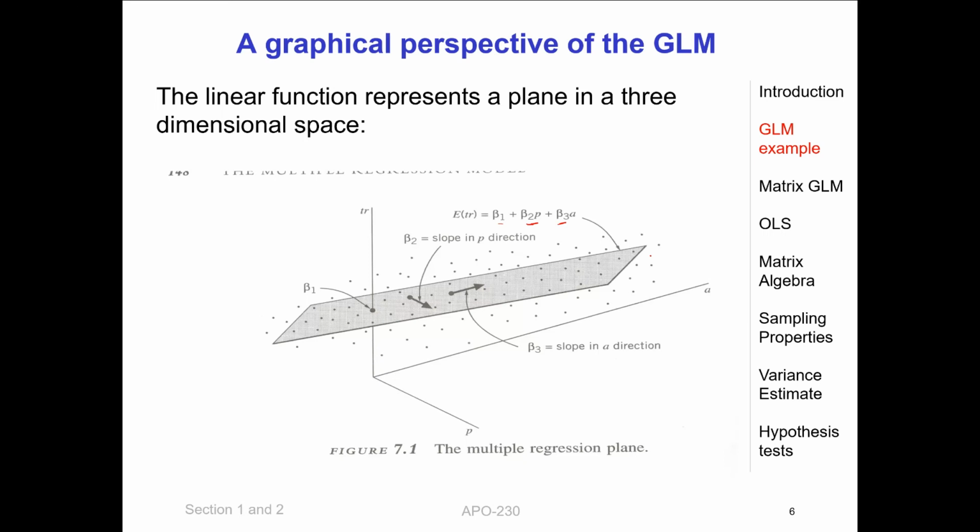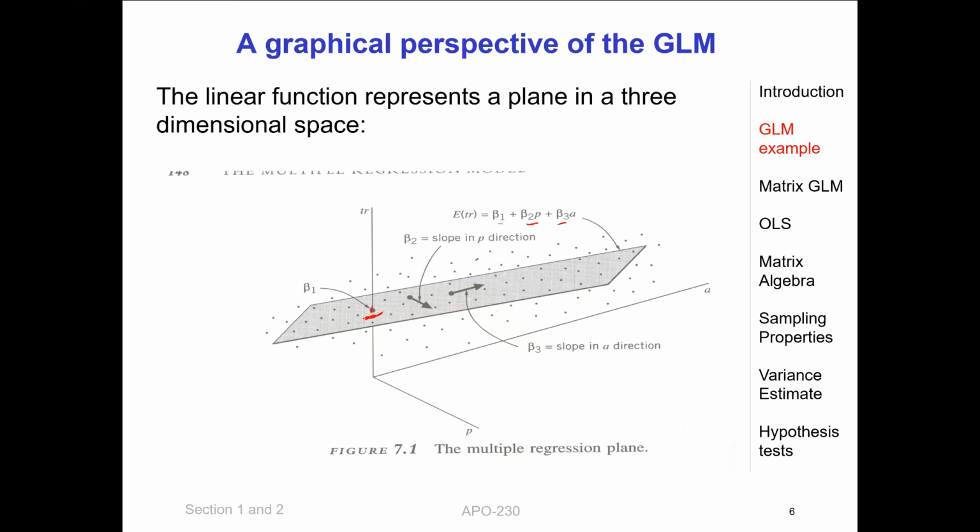So here is where the intercept is, where your regression plane crosses the vertical axis, the total receipts. That is where, when you set all other variables to 0, you will get the resulting TR.